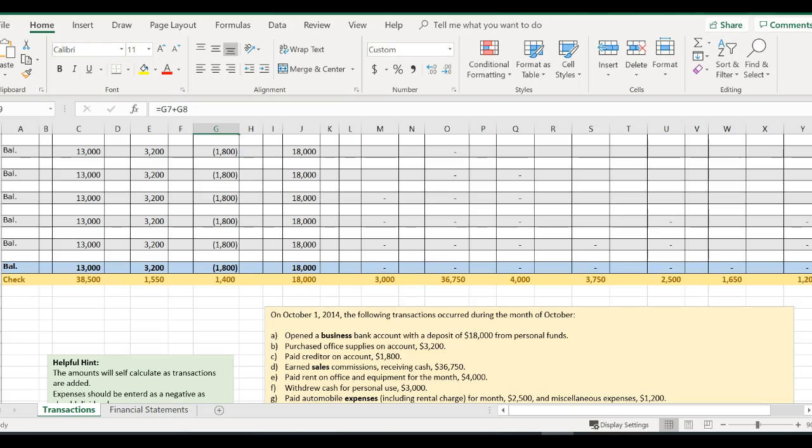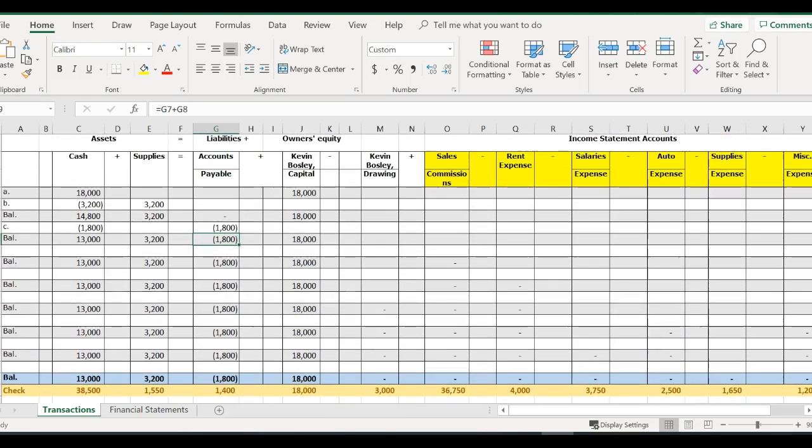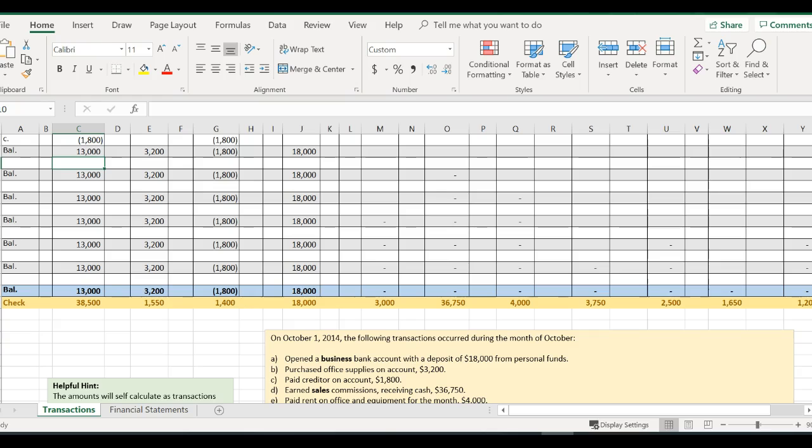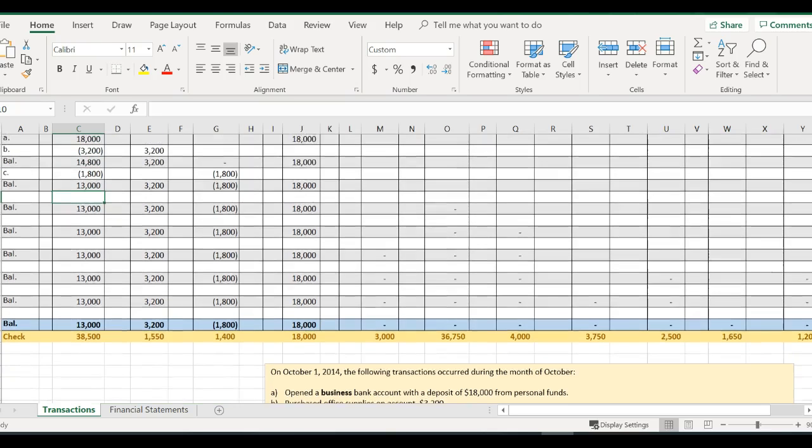We earn sales commissions, and we receive cash of $37,750. So now we are at, that was C. Now we're going to do D, and we're in cash, right? So it's $36,750, correct? I don't want to put the wrong number in there. Yeah, $36,750.